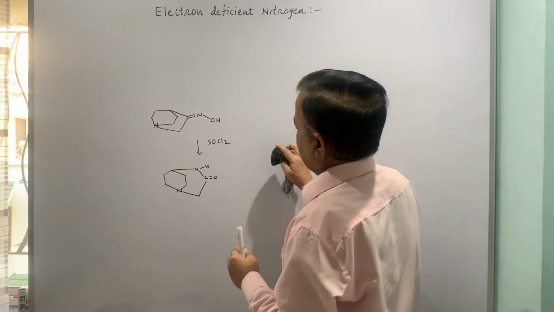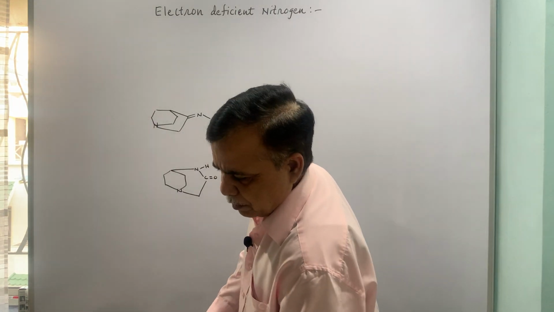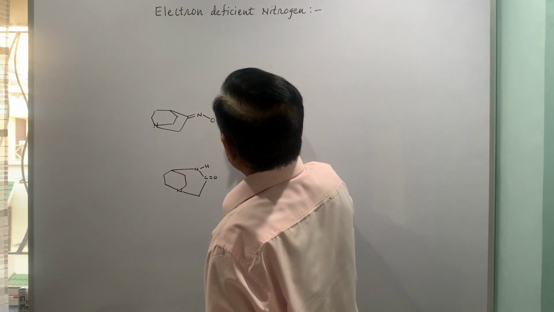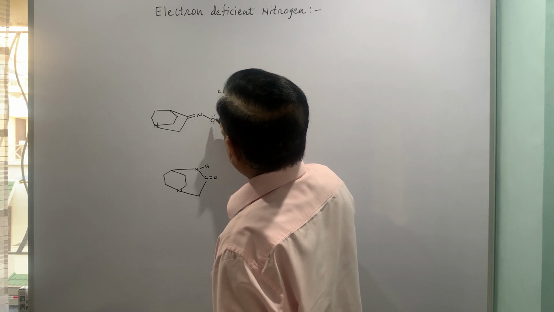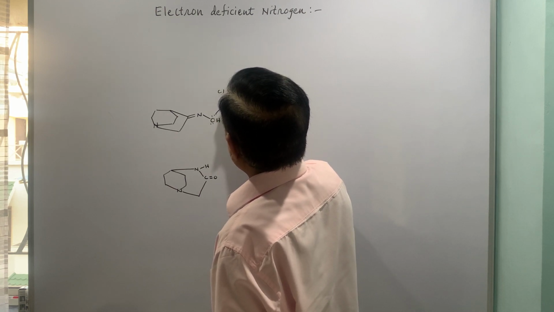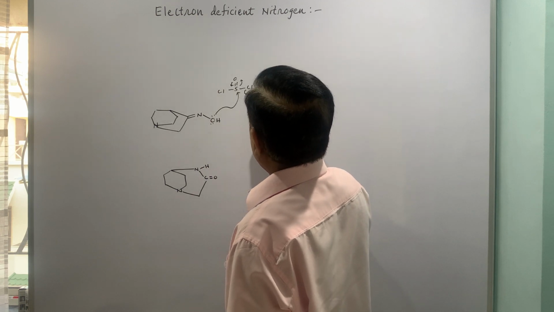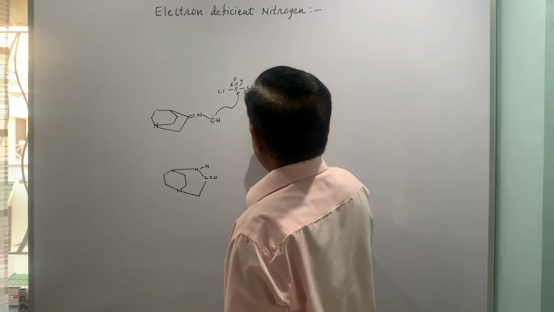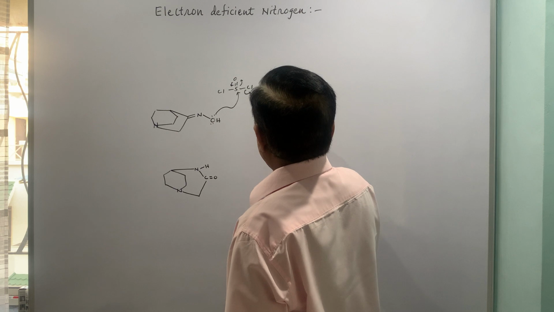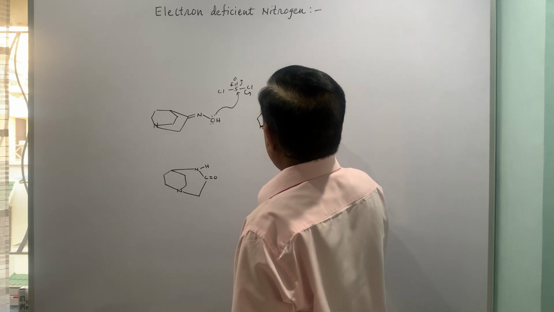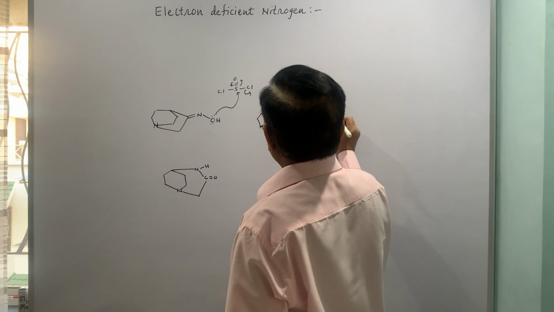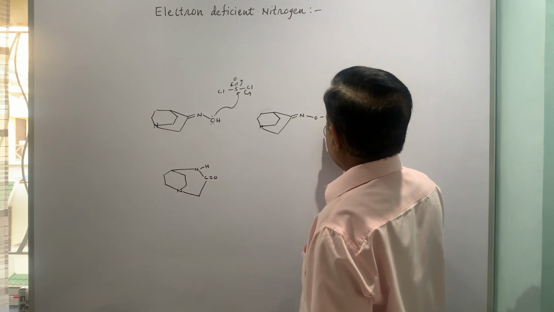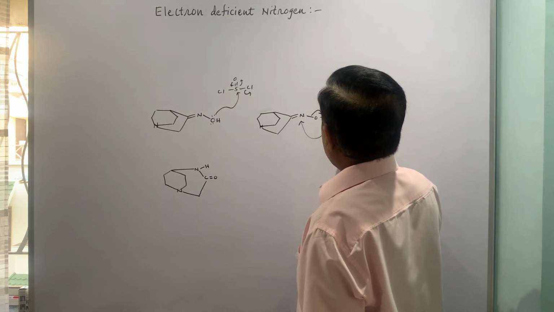So let us write down the mechanism for this transformation. I am just cleaning it so that I can show this is thionyl chloride. One of the Cl goes off, and now let me put it as it appears. And O, S double bond O Cl. Then this comes here, SO2 goes off, minus SO2.